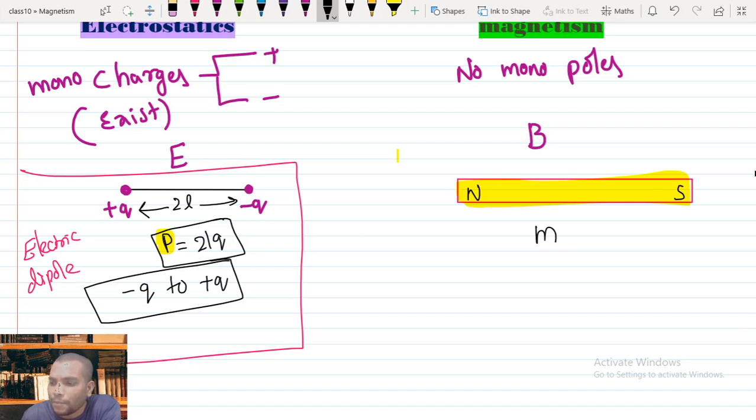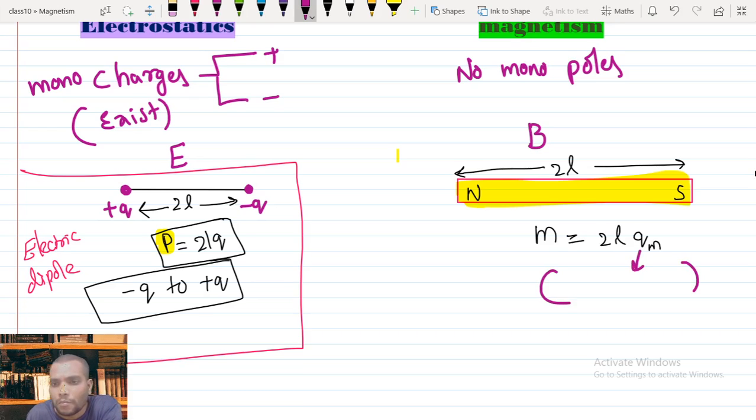So magnetic dipole moment. We got an expression for magnetic dipole moment, that equals m cross B. If you want to write it like this, we can write that as 2L, the length of the bar magnet, times Q suffix M. Here Q suffix M is magnetic pole strength.